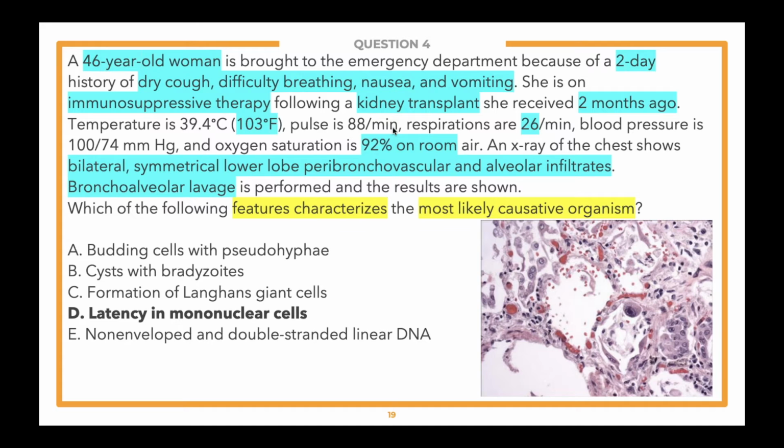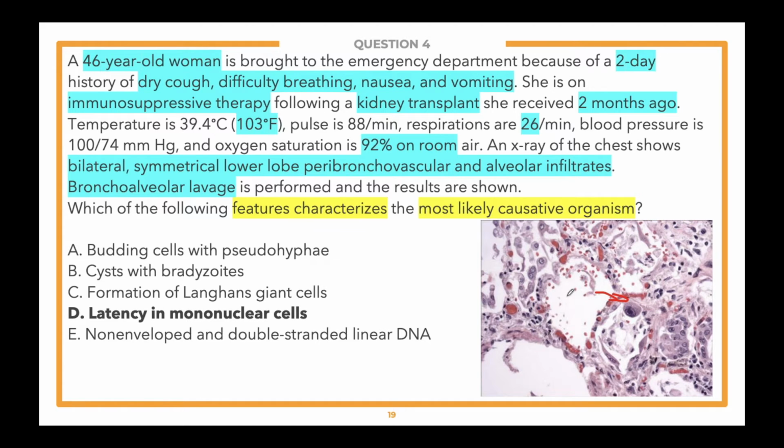If you look closely, you can see that dark purplish, almost owl eye appearing finding near the center of the image. And those are inclusions that are consistent with cytomegalovirus, or CMV.